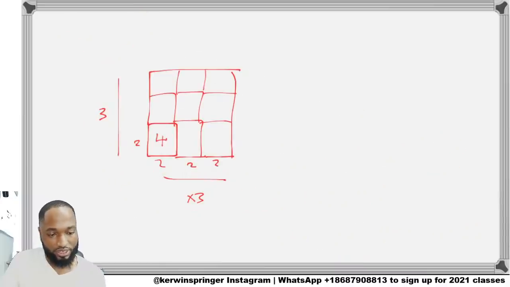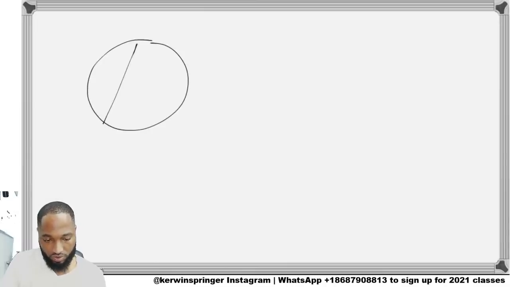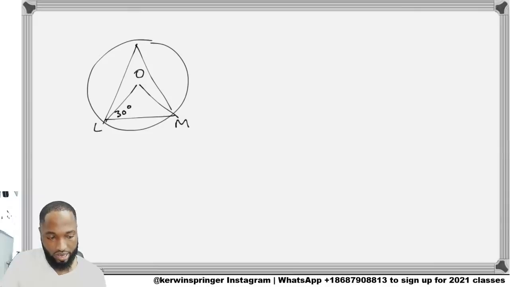Let me make sure I crop the pictures properly. And I'm seeing this question here now. O is 30 degrees, L M N. In the figure above, this is a popular question, I think.